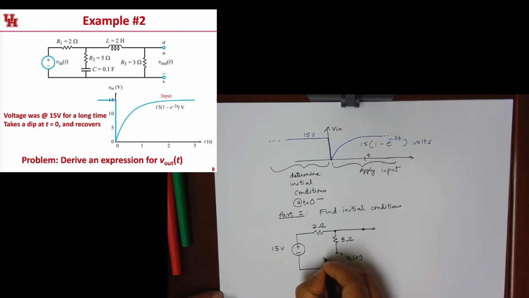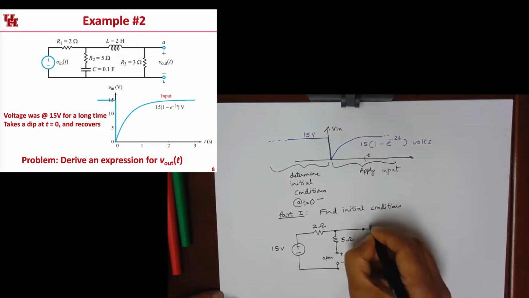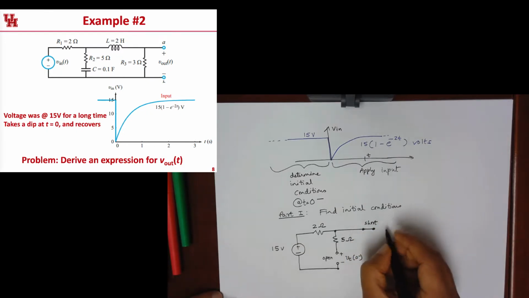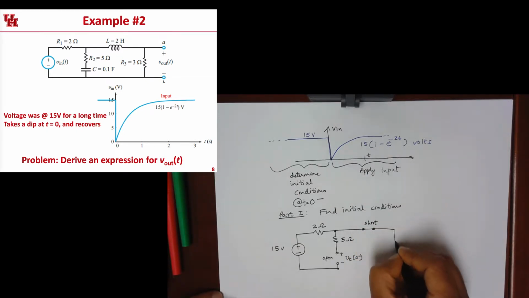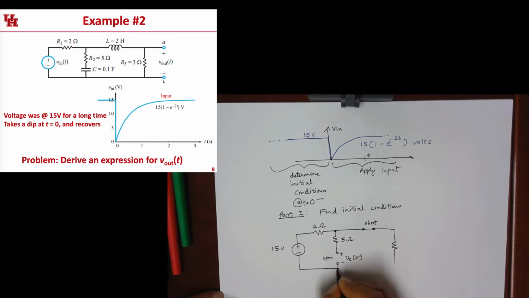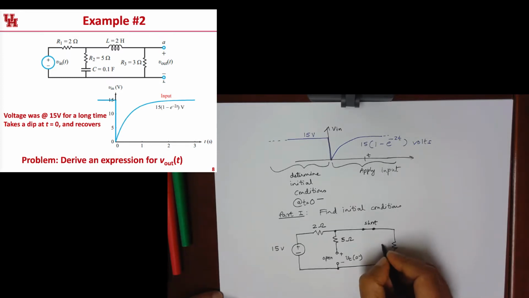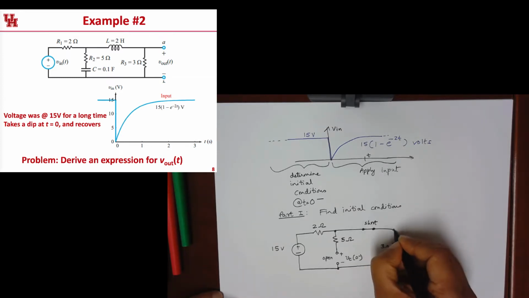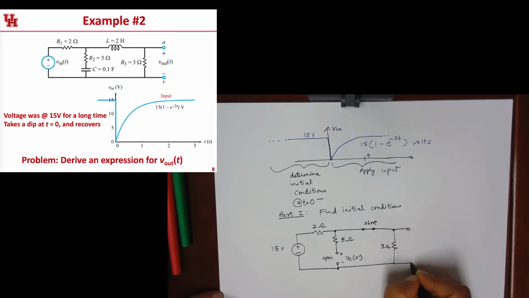So whereas the capacitor appears like an open circuit, the inductor appears like a short circuit. Then the output goes to a 3 ohm resistor across like that, and the output voltage is measured here.